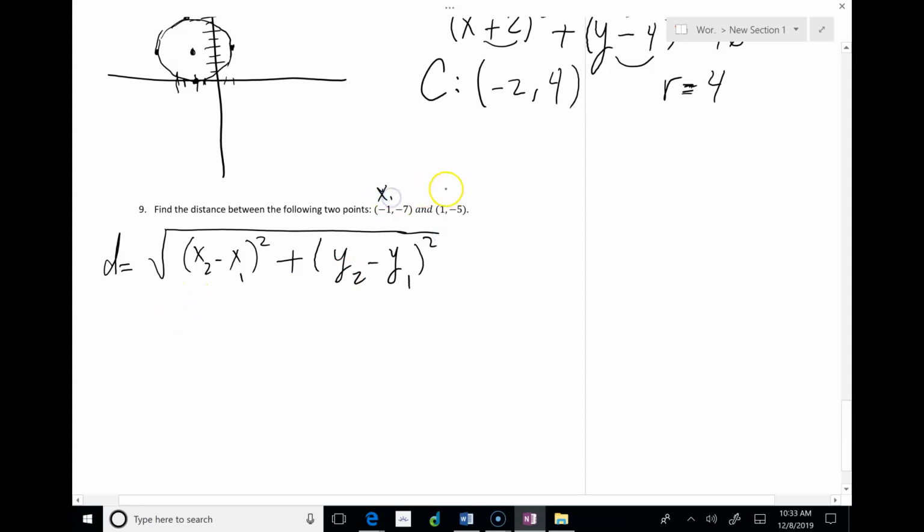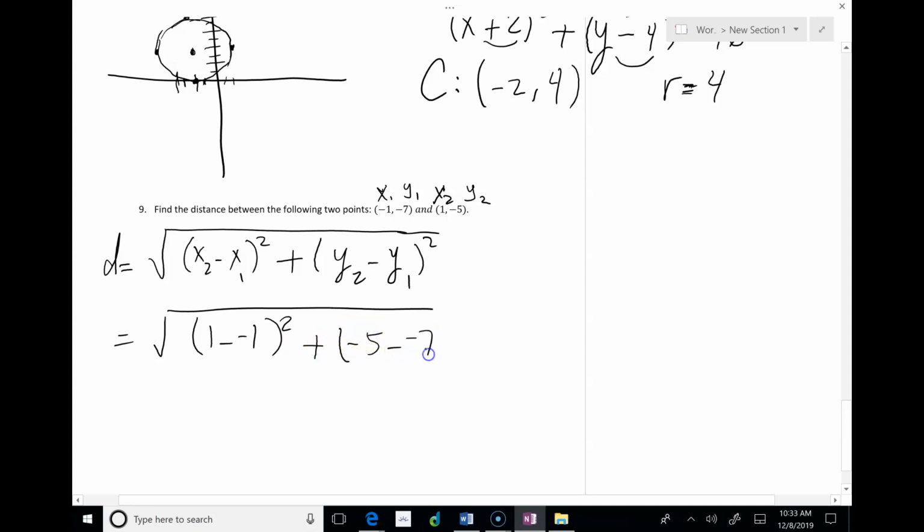You can name them x1, x2, y1, y2, and just put it in. 1 minus -1 squared plus -5 minus -7 squared. And that is equal to 2 squared plus, this one becomes positive, 2 squared. So 4 plus 4 is 8.